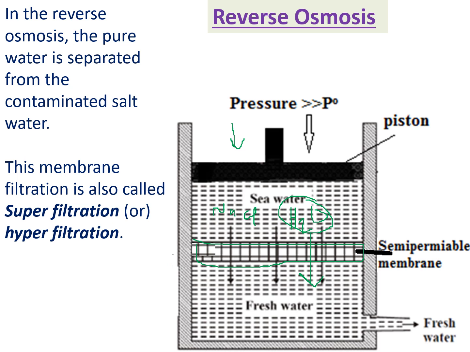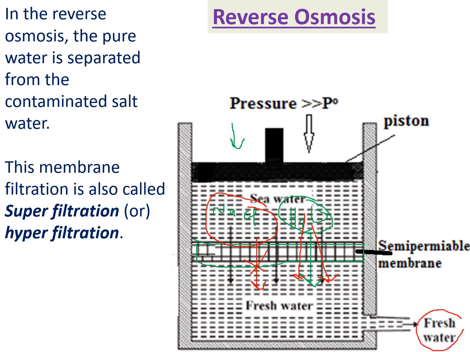Like that you can separate water molecules from seawater, but the salt still stays here only, so you will not get salt in the fresh water. This movement is not possible, only water molecules move here. Like that you can separate the water from salt water, and finally you get fresh water.